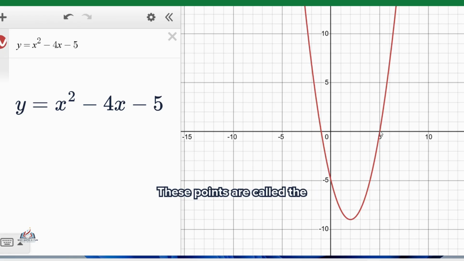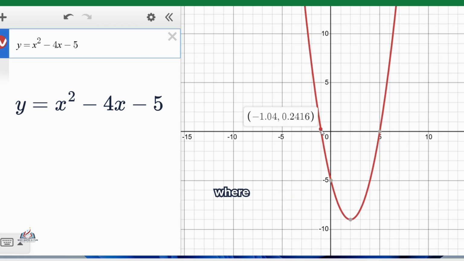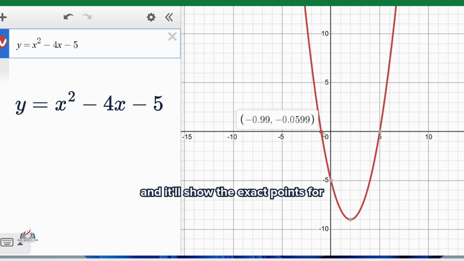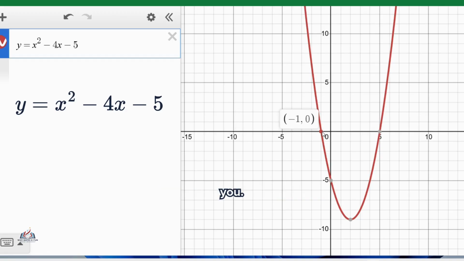These points are called the x-intercepts, and they show where y equals 0. In Desmos, just tap on the curve where it meets the x-axis, and it'll show the exact points for you.